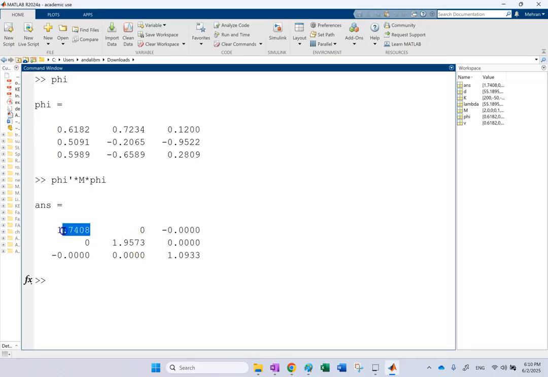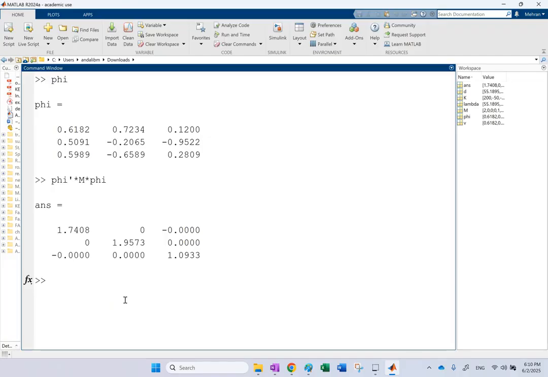These are those numbers, you need the square root of them. And once you have those square roots, then this first column has to be divided by the square root of that. That second column has to be divided by this square root. And the third column has to be divided by this square root. And if you put those new phi's in a matrix, that is the mass-normalized matrix of mode shapes.